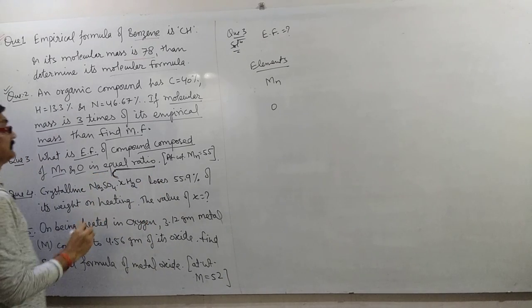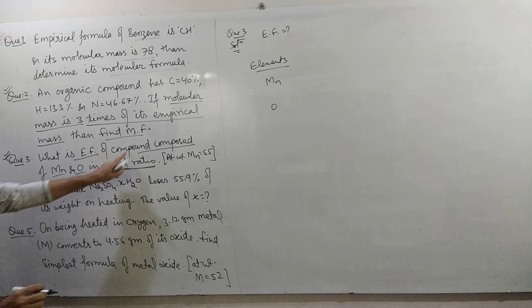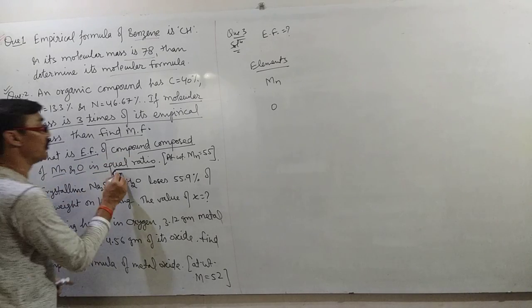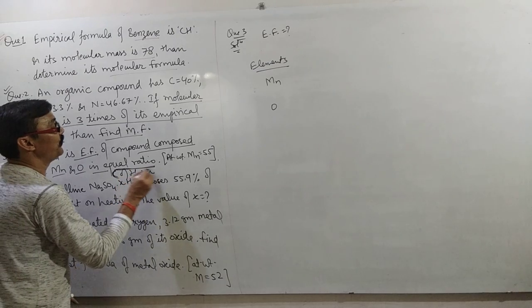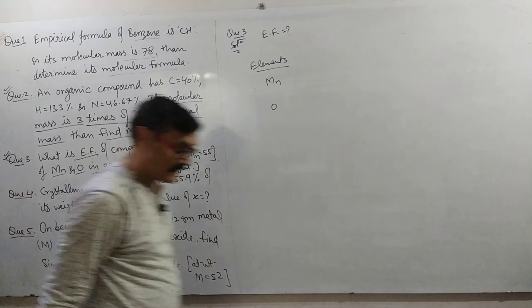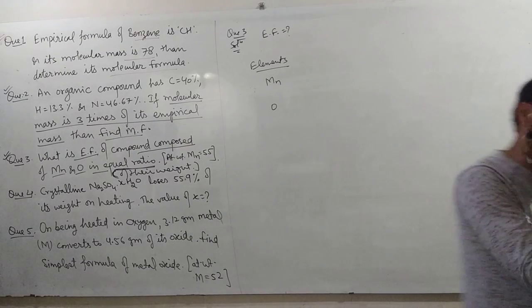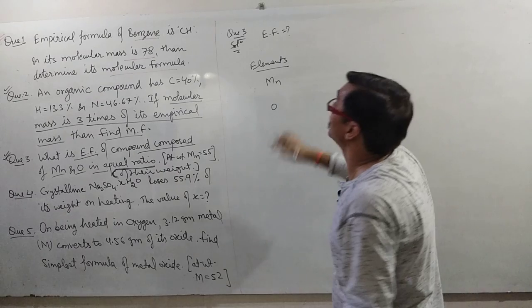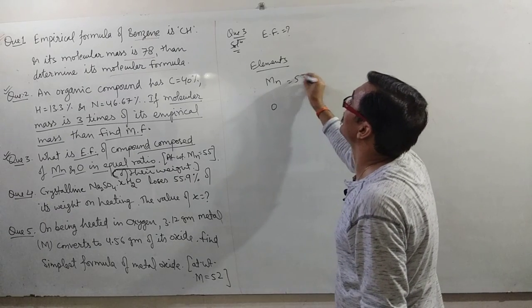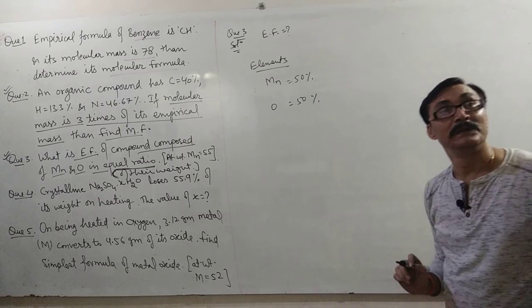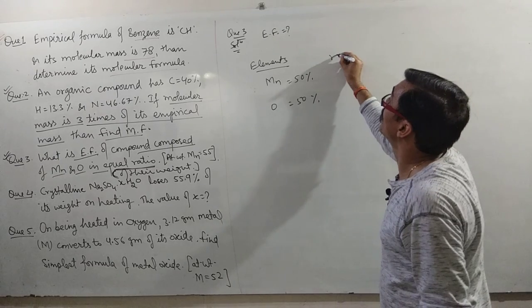A small correction: what is the empirical formula of a compound composed of manganese and oxygen in equal ratio of their weight? If the ratio of their masses or weight is equal, then we can say that both are 50%.